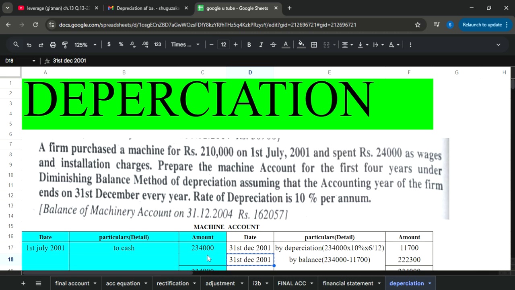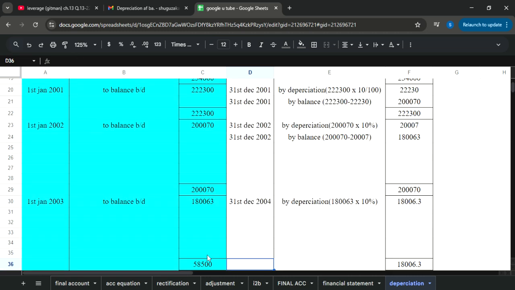Now you will calculate your balance, and how will you calculate it?